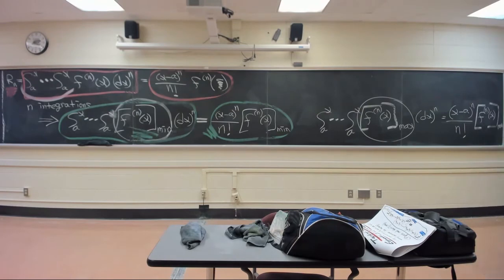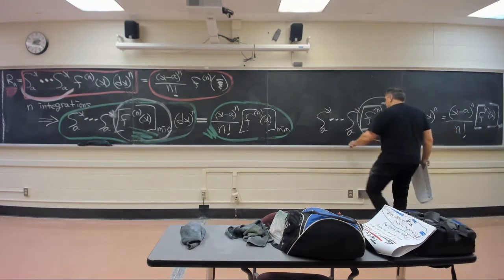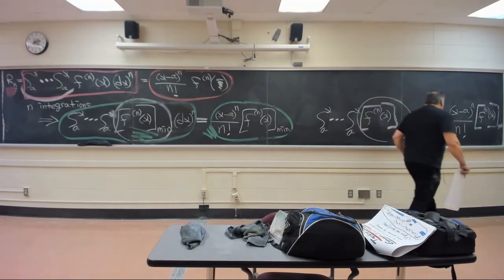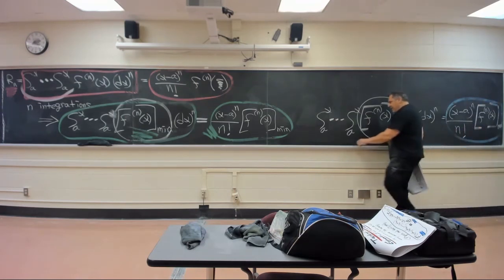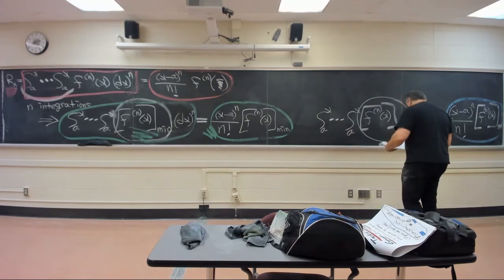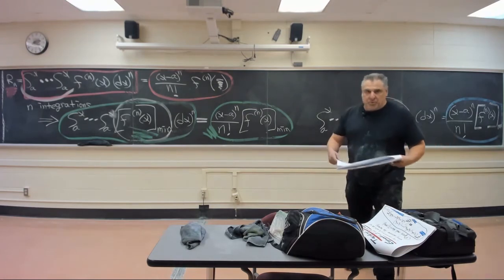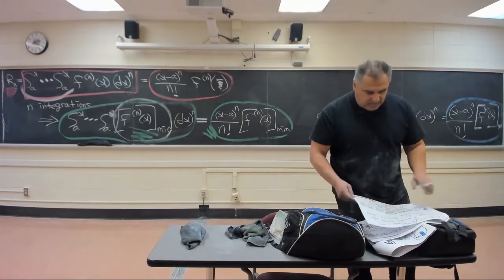That's the max. So what's going on here? Here's the max. What did we just discover? We discovered the integral has got to be between the two. The real integral has got to be between the min and the max.